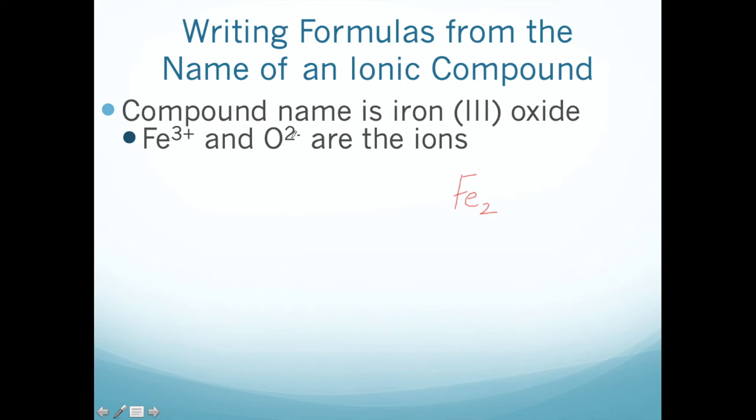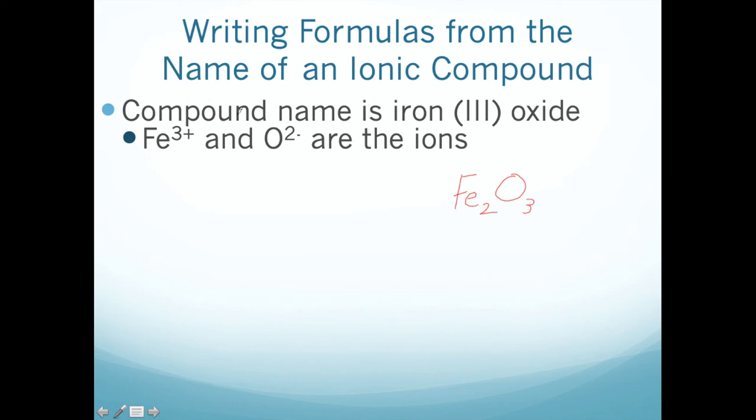Likewise, if we have oxides with a 2 minus charge, how many of these 2 minus charges are we going to have to combine to get to 6 minus? Well, we're going to need 3 of these oxides, because 3 times 2 minus gives us 6 minus. So we're going to put a subscript of 3 next to our oxygen. That's going to wind up being the formula Fe2O3, and that's the lowest common multiple method.